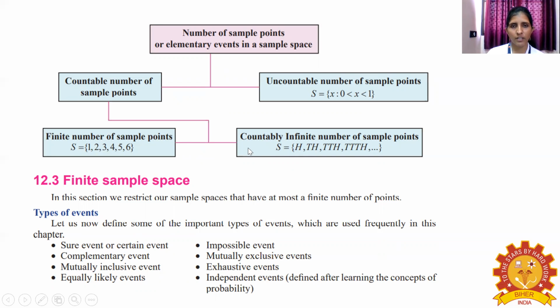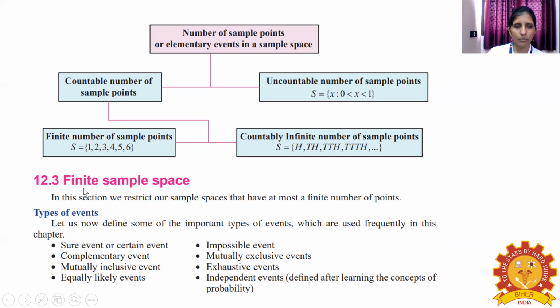The next one is the countably infinite number of sample points. For example, when any number of coins are tossed, the possible outcomes that we will get will be infinite. So we call this countably infinite.